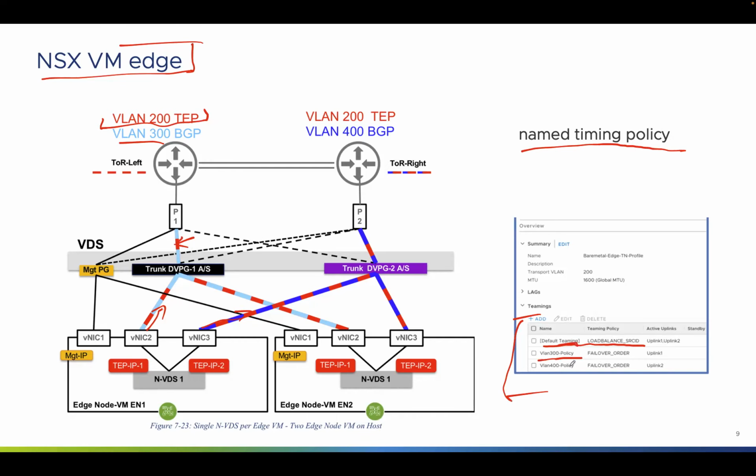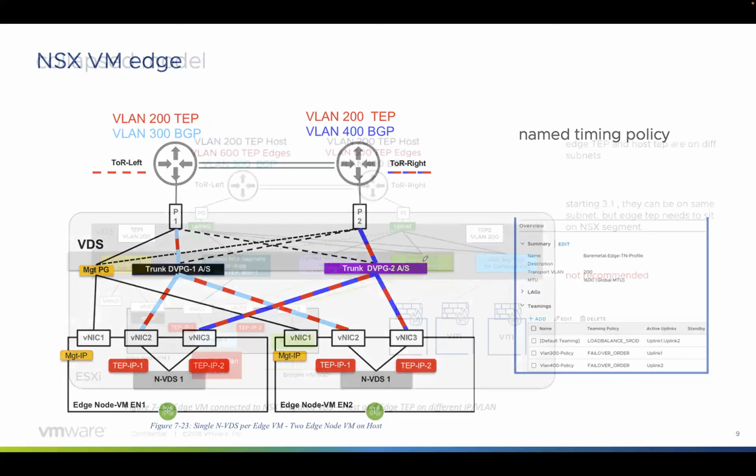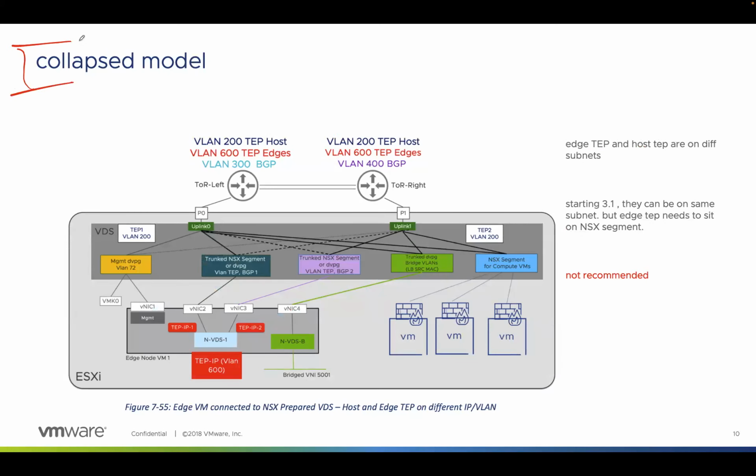We also add two policies for VLAN 300 and VLAN 400 for their own preferences. In this case, VLAN 300 has its preference for uplink 1, which is this link, and VLAN 400 for uplink 2, this link. I think you got what I mean, just by using this kind of data structure to implement these connection distributions. Okay.